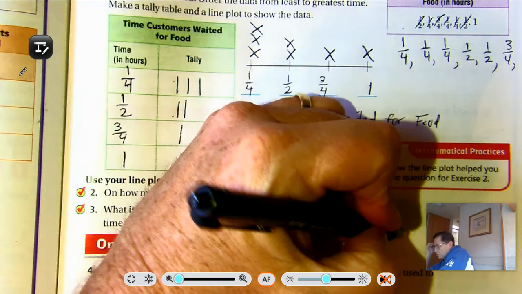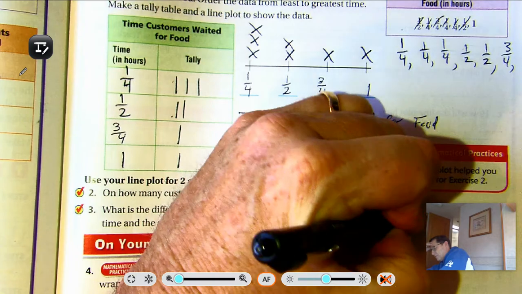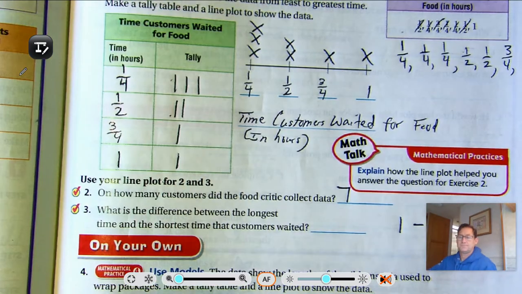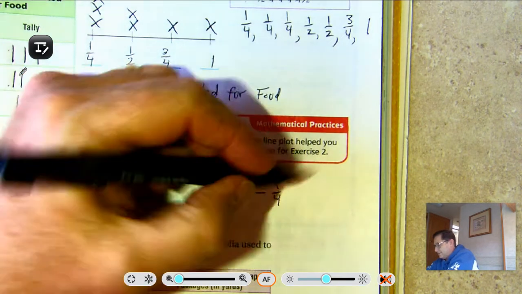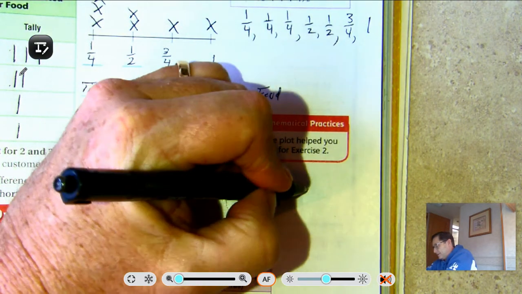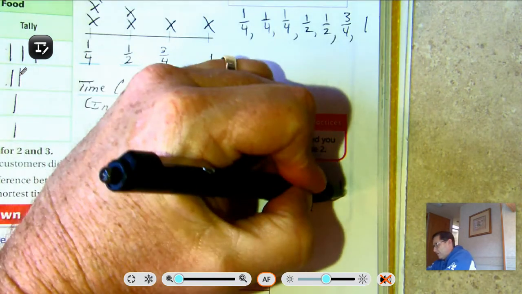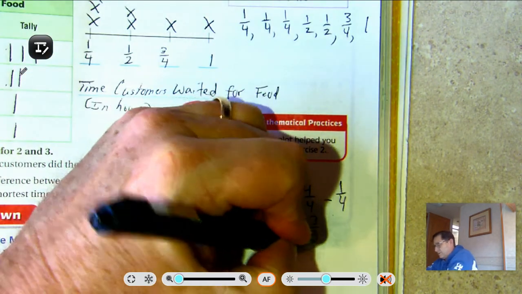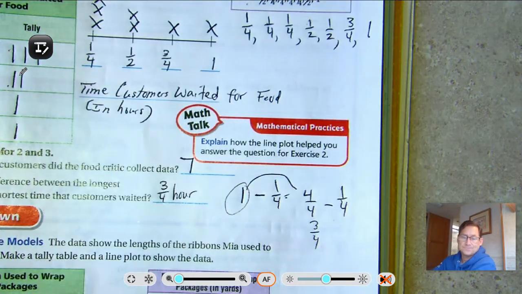Well, the longest time was 1 hour. The shortest time was 1/4 hour. So let's change the 1 into 4/4. I'm going to take away the 1/4. So the difference is 3/4 hour.